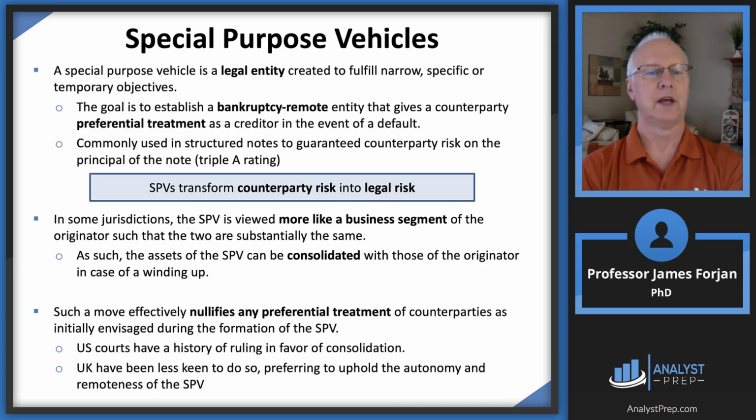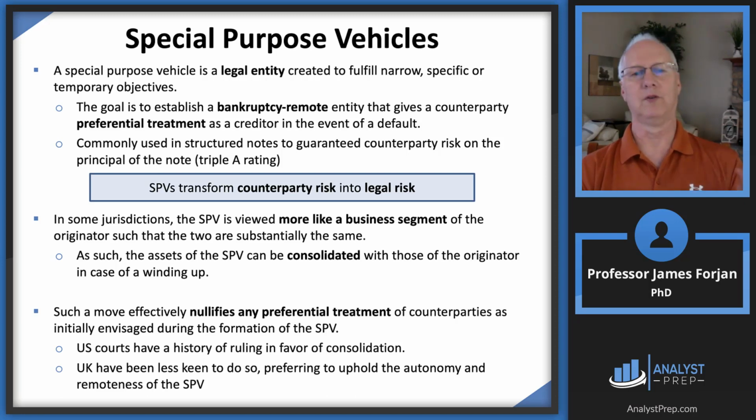What we'll do in these next series of slides is take a look at some examples. The first one is a special purpose vehicle. I always tell my students this example about special purpose vehicles. Let's suppose I'm a financial institution and I have lots of stuff going on the left-hand side of my balance sheet. I make commercial loans, home loans, personal loans, student loans. So I have a whole bunch of stuff on the left-hand side of my balance sheet.